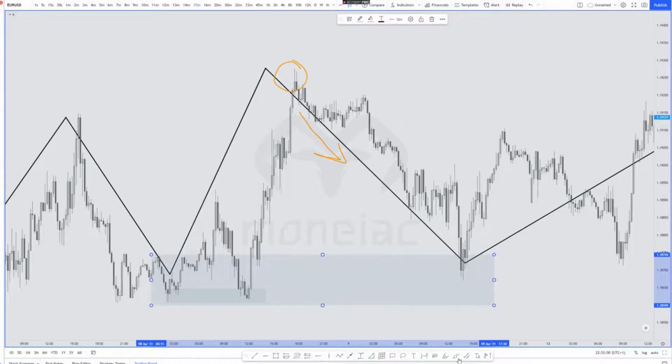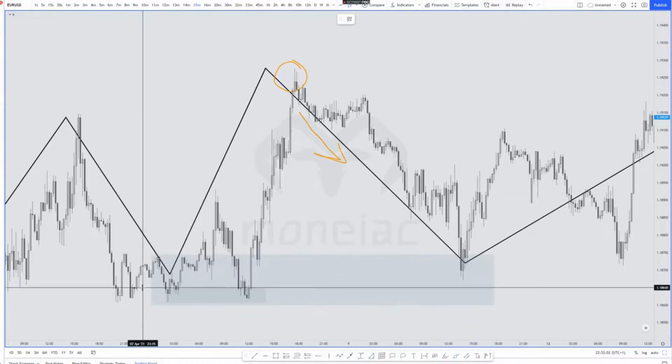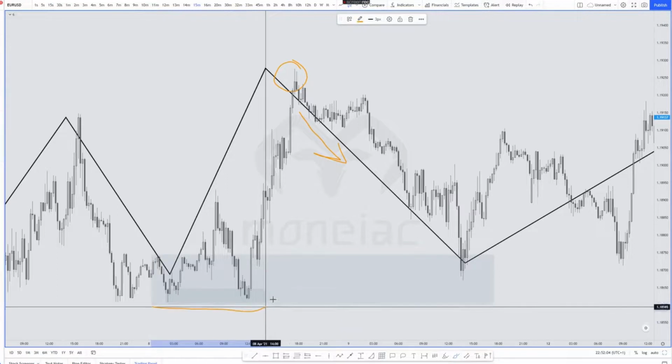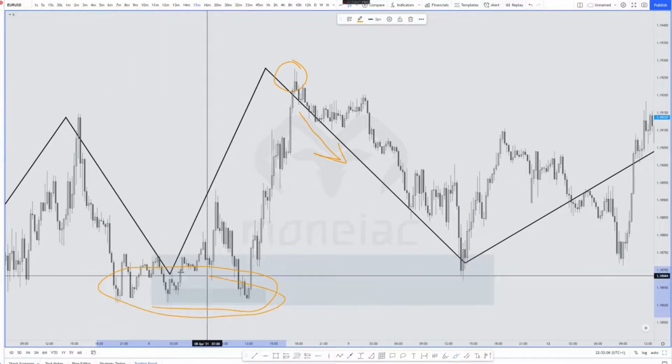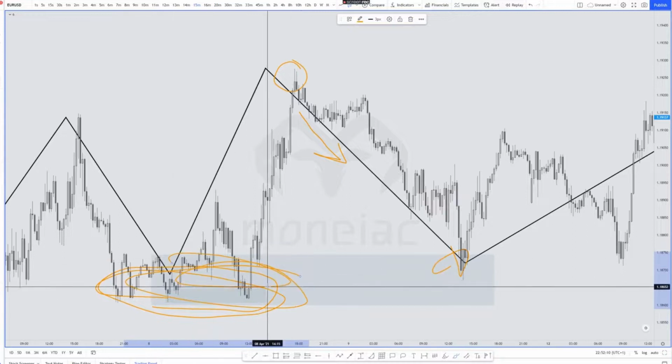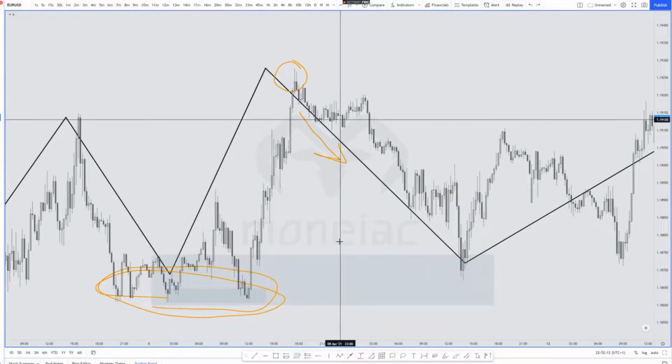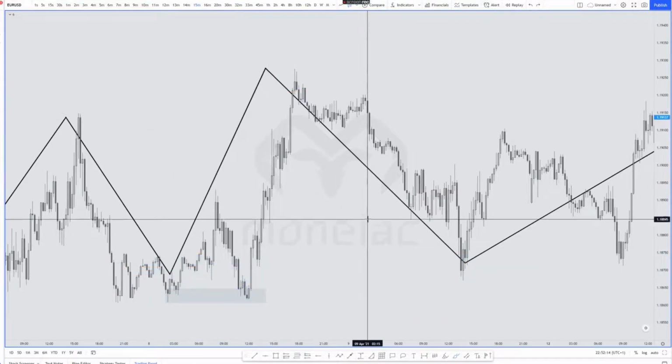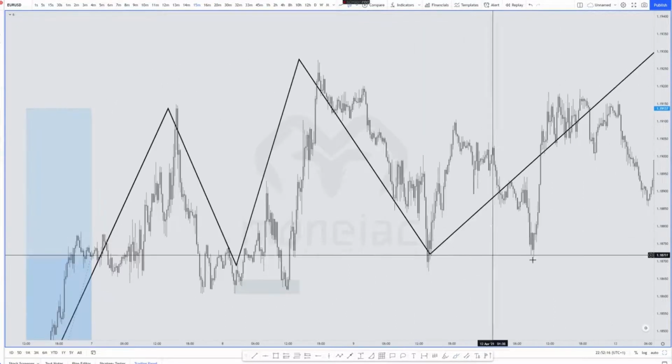But my expectation is if the bullish trend is to continue, this is to stay intact. So when price gets down here to the extreme, we can start thinking about buy ideas with expectational order flow.